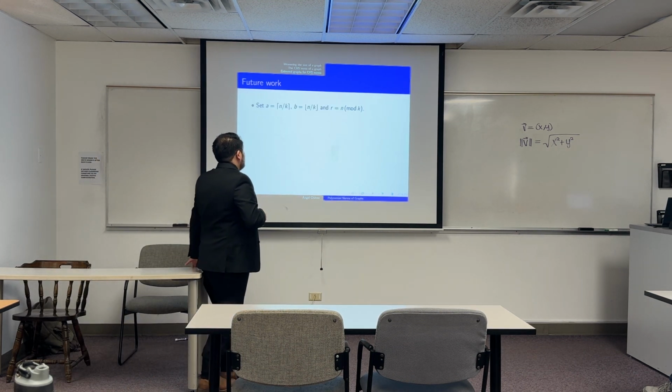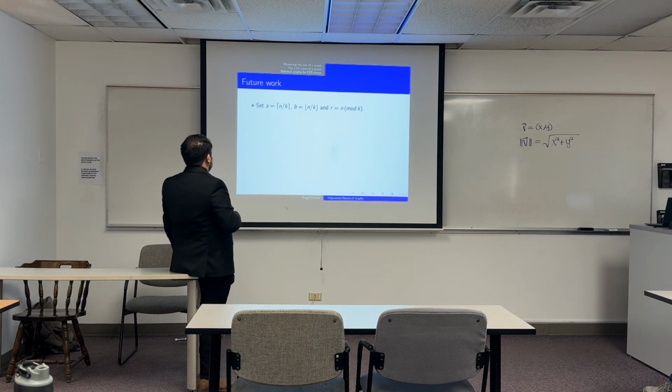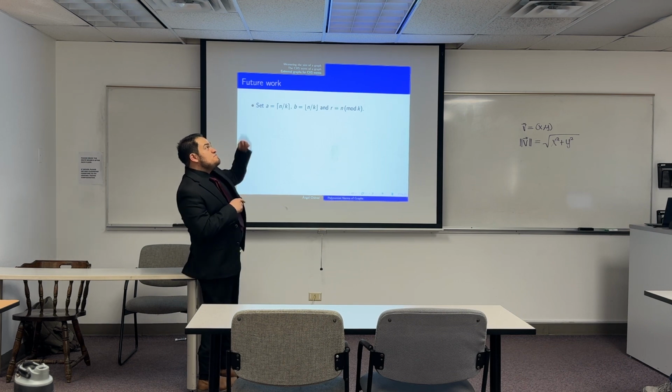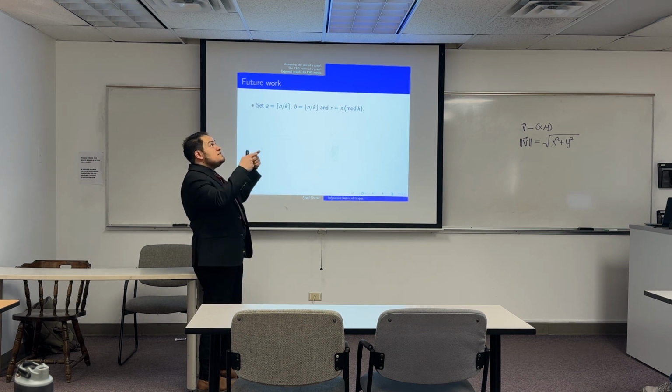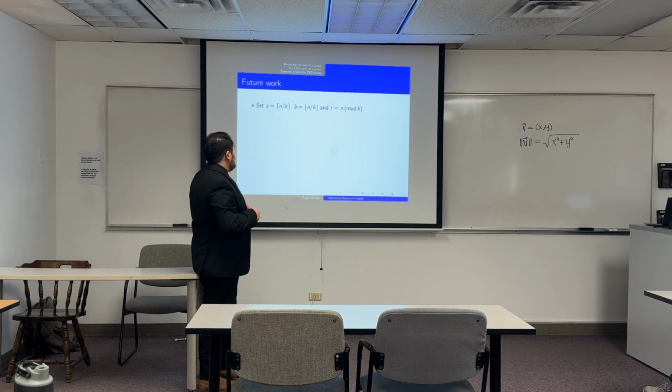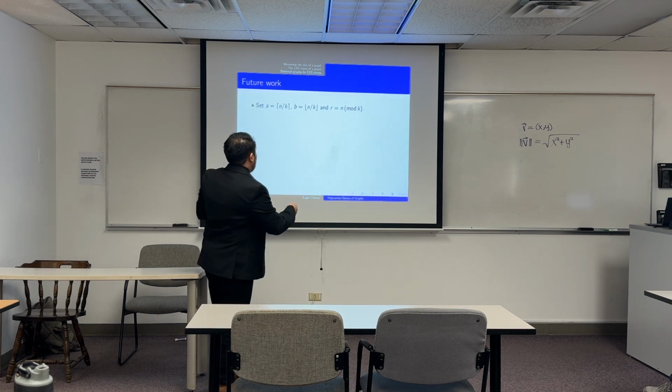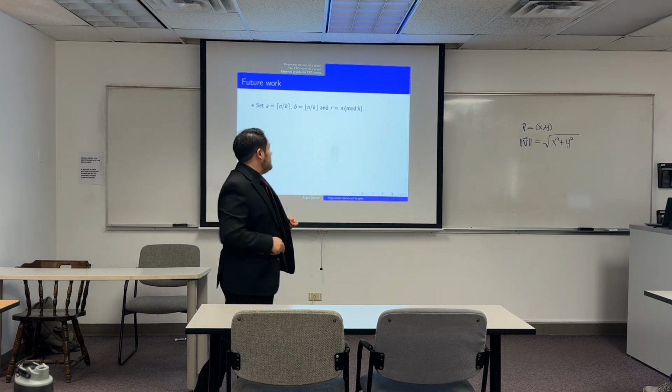Another super duper important type of complete K-partite graph. I'm going to set A to be the ceiling of n divided by k, the smallest integer that is bigger than n divided by k. Similarly, B is going to be the floor of n divided by k, the largest integer smaller than n divided by k. I always get those mixed up. R is n modulo k.